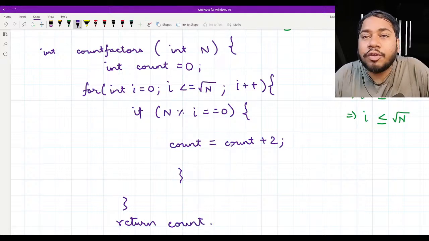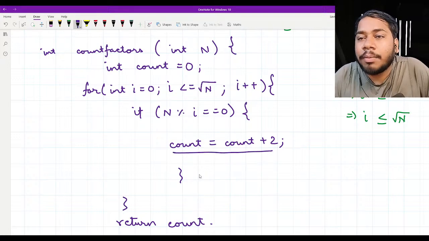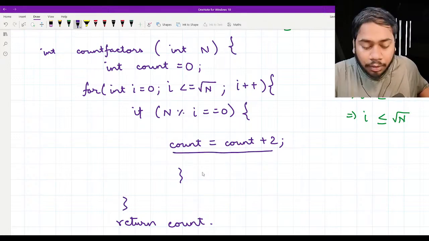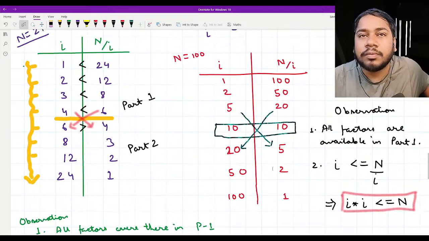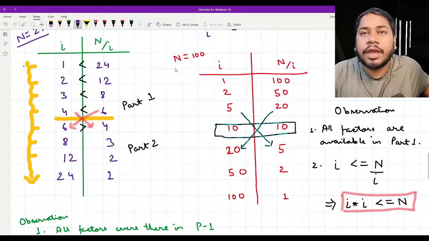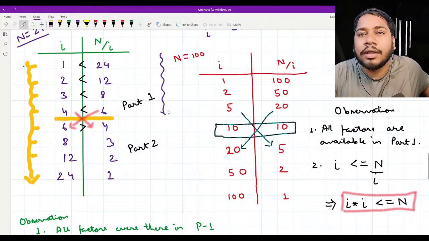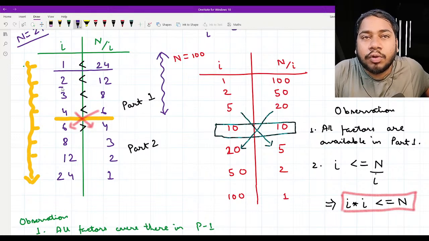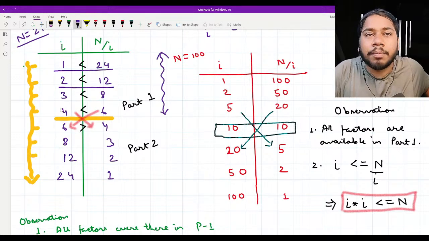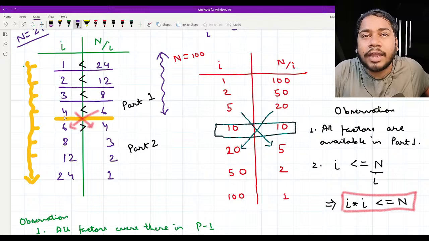So why have you written like this? Because when we are iterating from here till here, we are getting two factors at a time, like this.